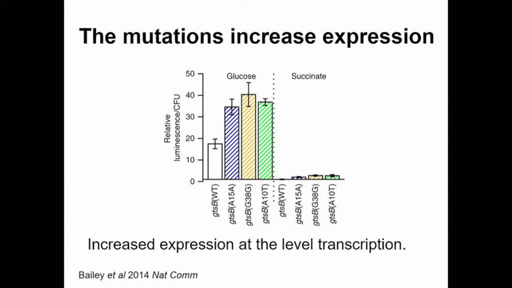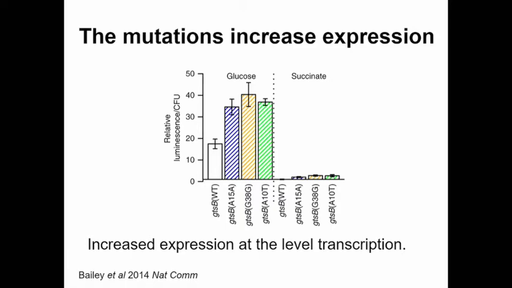What we see is that, in fact, those mutations did increase the expression of the gtsB gene. So here we have a measure of expression in terms of relative luminescence. So that's a measure of the reporter gene product on the y-axis. And then on the x-axis, we have those different strains again. So this blue synonymous mutation, this yellow, the other synonymous mutation, and the green, that non-synonymous mutation in the same gene.